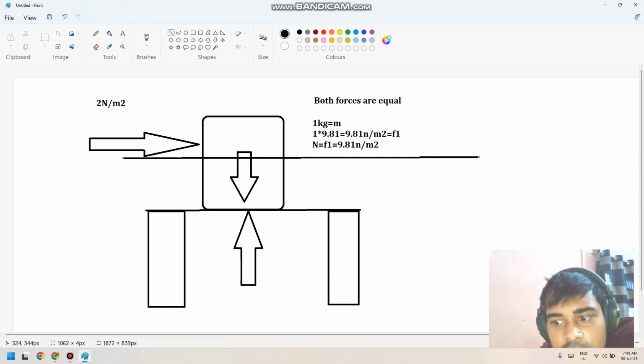If we see in this direction, there is only and only one force acting. Oh, sorry, the unit of force is Newton. So this is also wrong. Sorry.